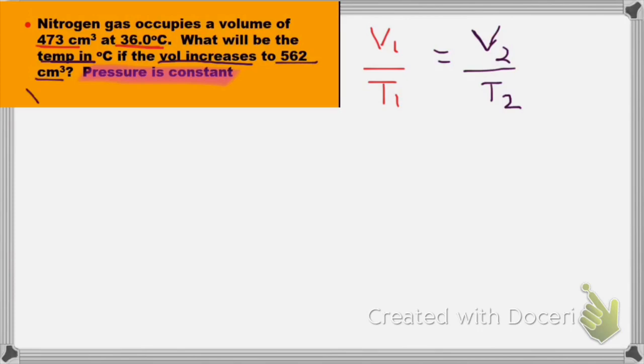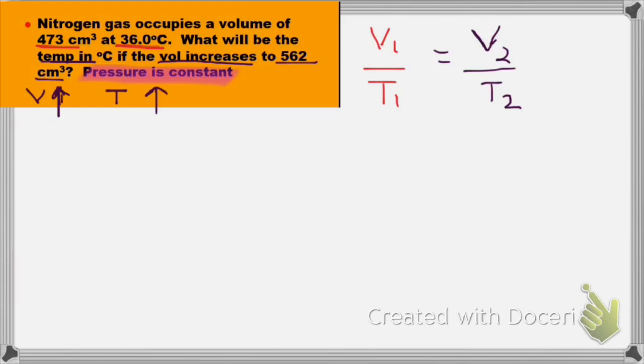So we see that volume is increasing. We know that temperature and volume are directly related. So we know here that our temperature must also be increasing. So when we solve this problem, we know at the very end, it's higher than 36 degrees C, or we made a math error somewhere.